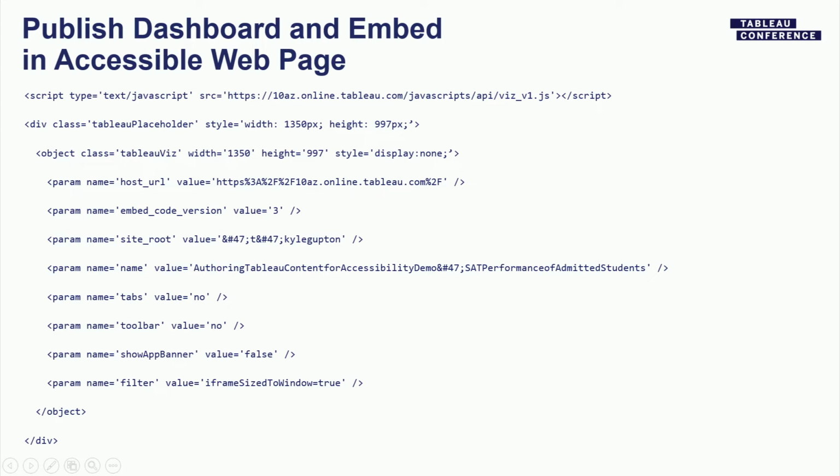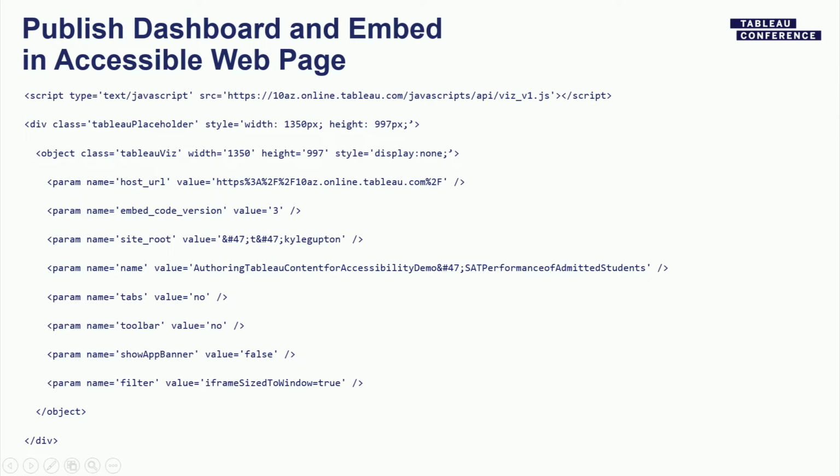So you take an HTML page, and if you don't know how to embed, you basically can go to Server, Online, or Public, and you get what's called an embed code, which is a string of HTML and JavaScript that you just paste into the web page, and then it'll stick the dashboard right in the middle of your web page. And so when I show the demo, I'm going to be opening an HTML page that's just sitting on my desktop that has the embed codes for the dashboards in them.